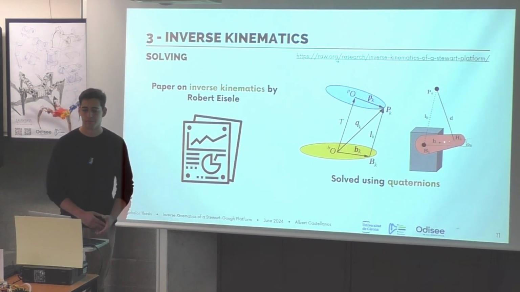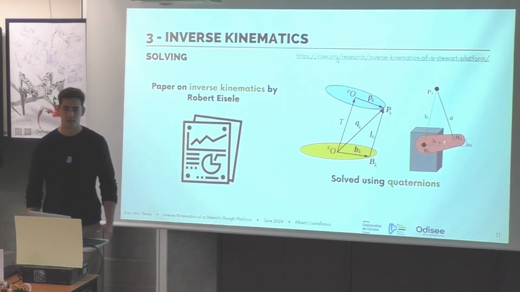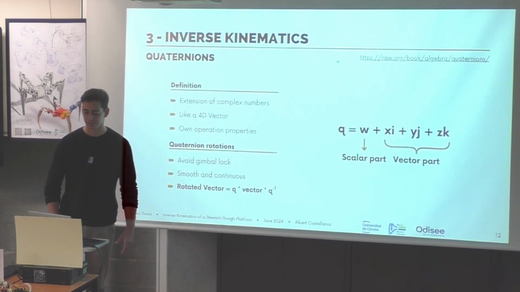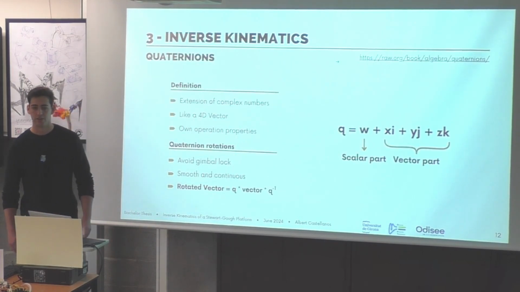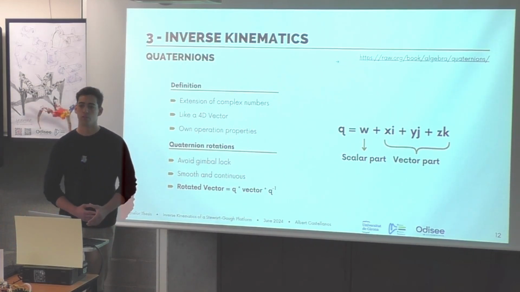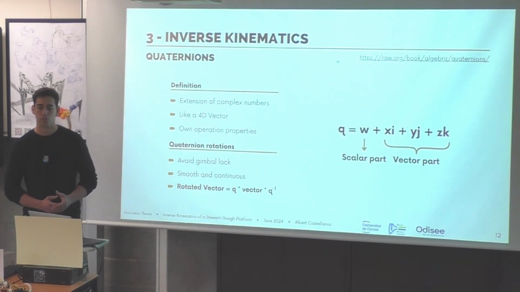And he used quaternion rotation for these calculations. So quaternion may sound unfamiliar to some of you, so let me make a brief introduction about it. Quaternions are an extension of complex numbers, and without getting into much detail, we could think of them as a 4-dimensional vector that has its own properties when it comes to operating with them.